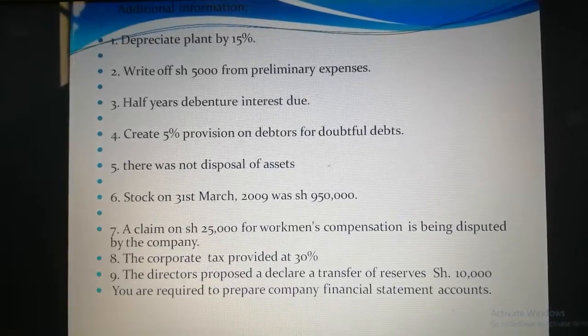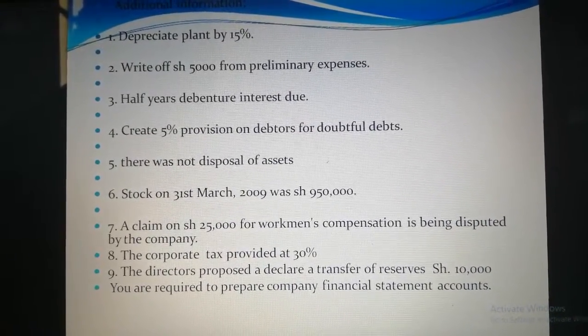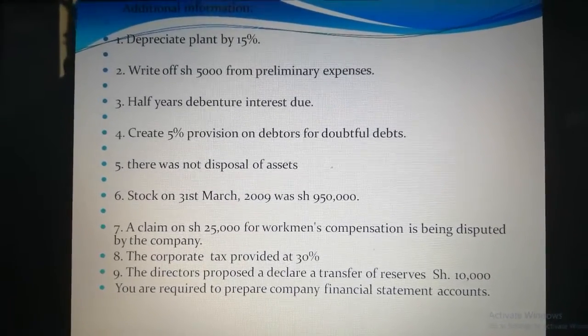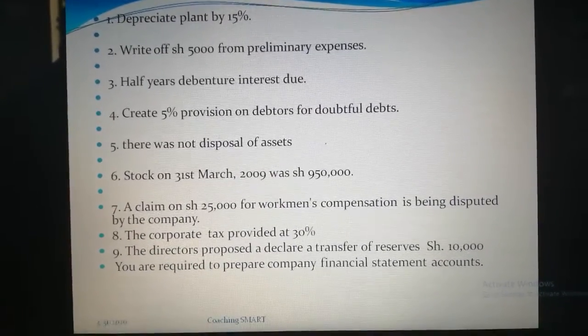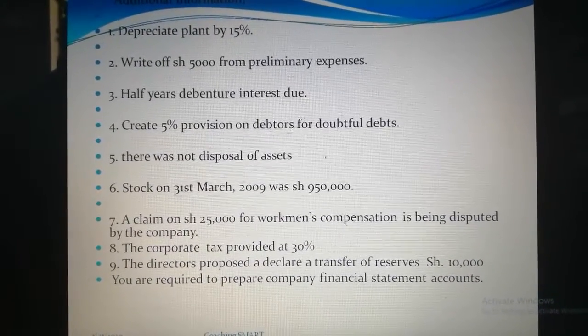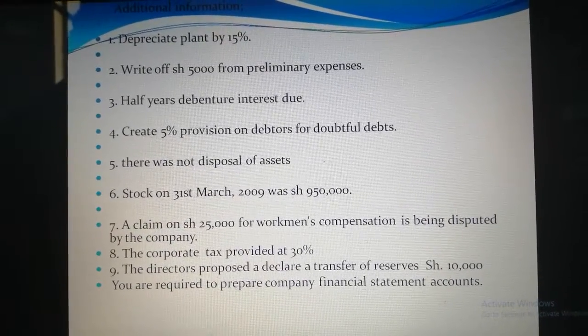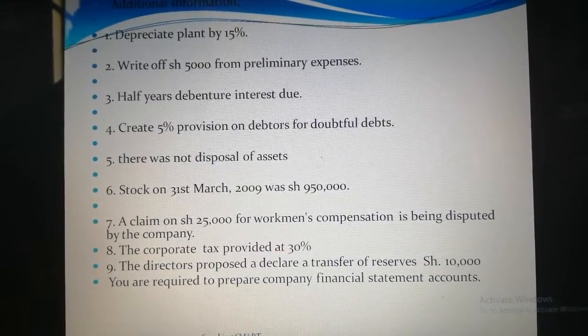In additional information, we have the following: 1. Depreciation of plant by 15%. 2. Written off shillings 5,000 from preliminary expenses. 3. Half-year debenture interest due. 4. Create 5% provision on doubtful debts. 5. There was no disposal of assets. 6.